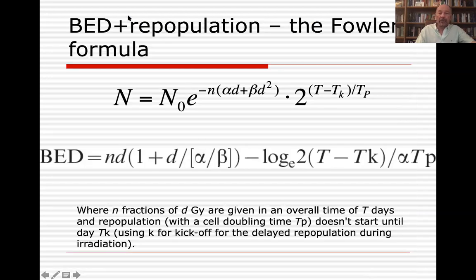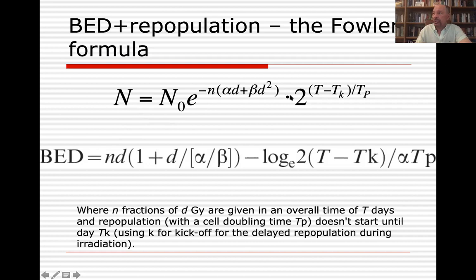Now, you can include repopulation in the BED formula, and this is done in the so-called Fowler formula. The Fowler formula, you see, is nothing else than this. You take the survival and you write the survival as we have seen before, N0 e to the minus N times alpha d plus beta d squared.